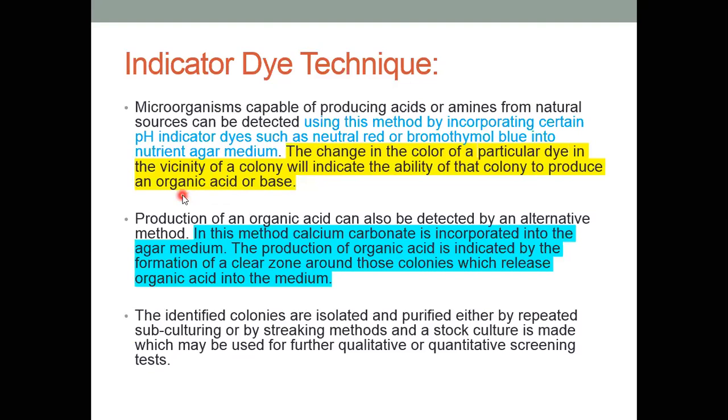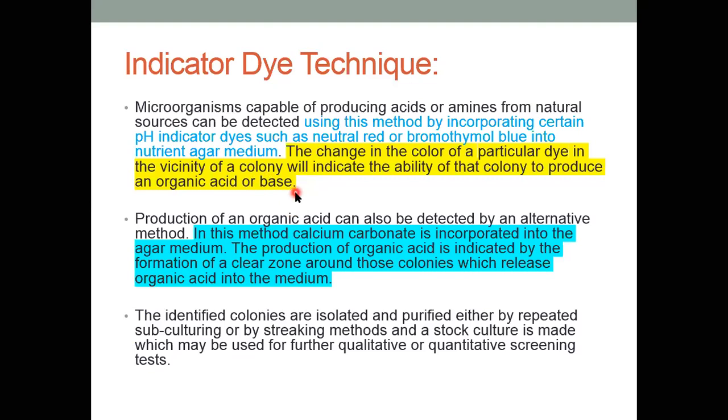So you know that an organic acid has been produced, and this bacteria is the one producing the organic acid in the vicinity of which there is a color change. Vicinity means closely, right? So if there's a color change around only that colony, then that bacteria is producing that organic acid.